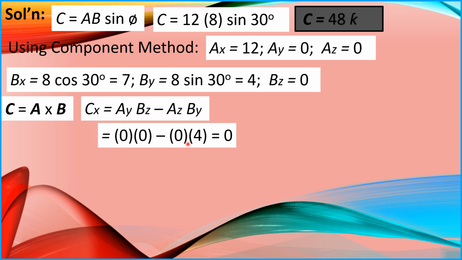So it's obvious that the magnitude of the x component of vector C is equal to 0.